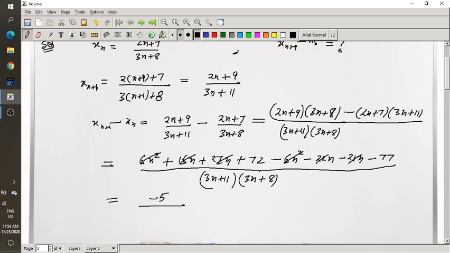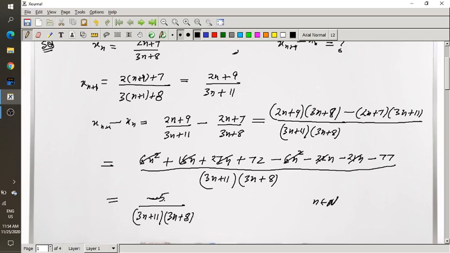Clearly, in the numerator there is only a constant term, minus 5, and in the denominator we have (3n plus 11) and (3n plus 8). Now what can you conclude from here? Here n belongs to the natural numbers, so there is no chance of the denominator being negative.